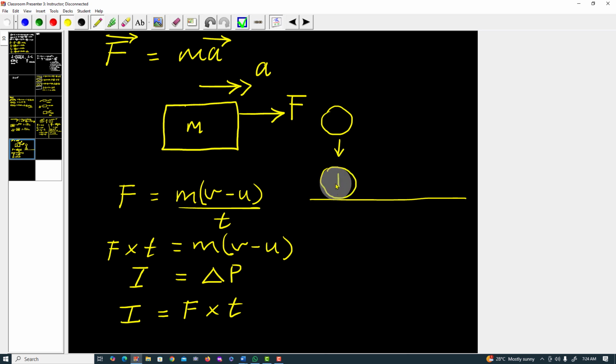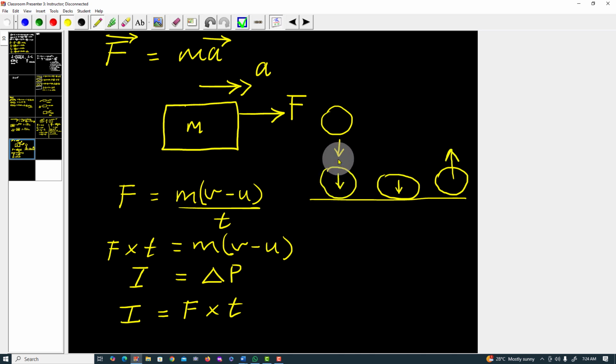If at this point we start timing, we will find that the ball will start to lose shape, but it's still moving. And then at some point it's going to stop moving downwards and then start bouncing upwards, until at a certain time it just leaves the ground.